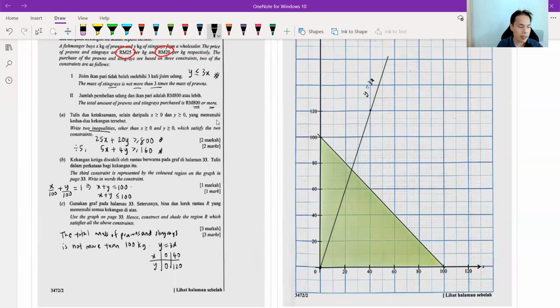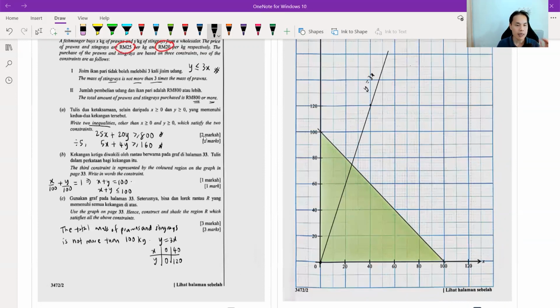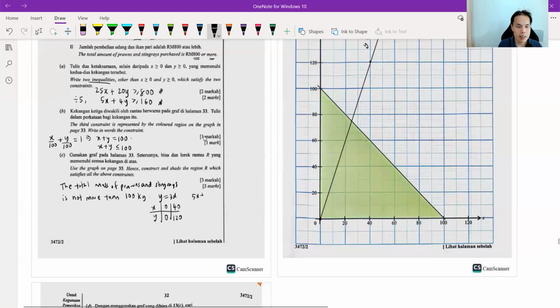Okay. All right. So next, I need to draw the second one. The second one is 5x plus 4y equals 160. So again, table of values, x and y. When you substitute x with 0, 160 divided by 4 is 40. So it's (0, 40) here. When I substitute y with 0, 160 divided by 5 is 32. Okay, 32 is over here. Now, why do I do this?